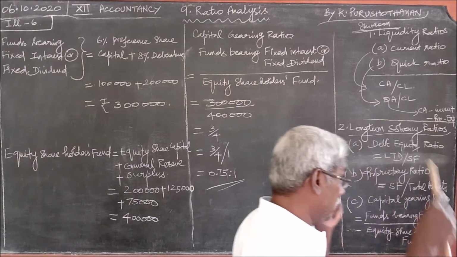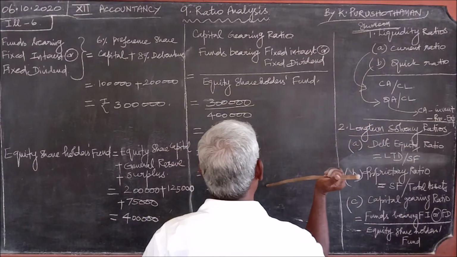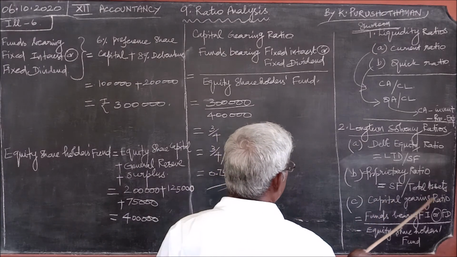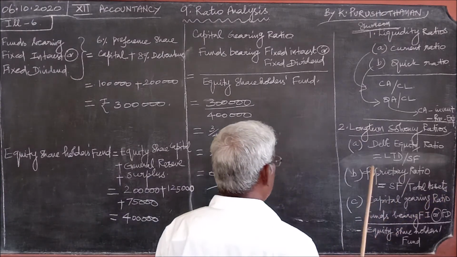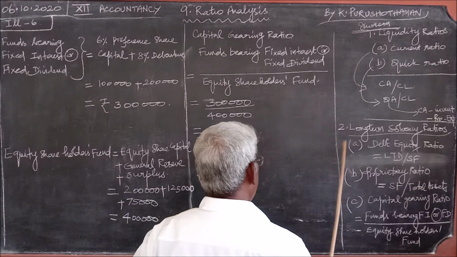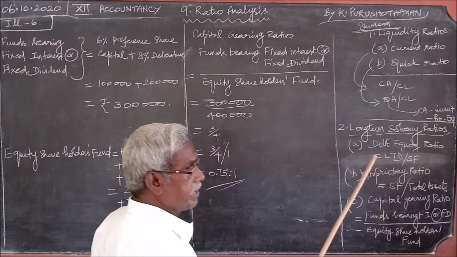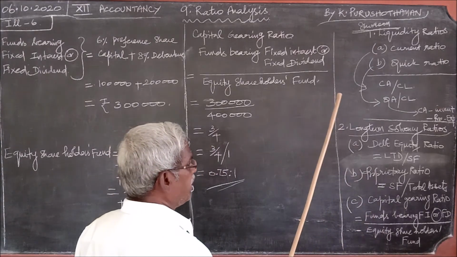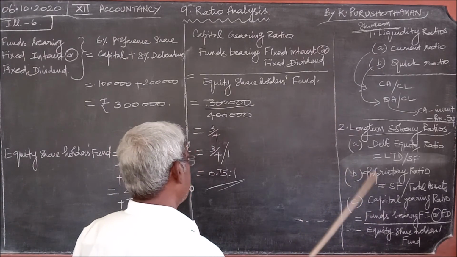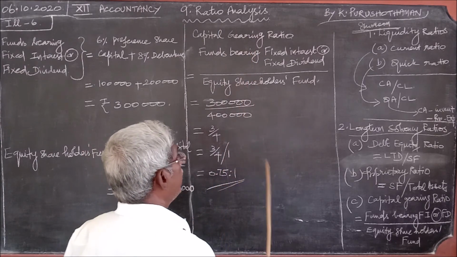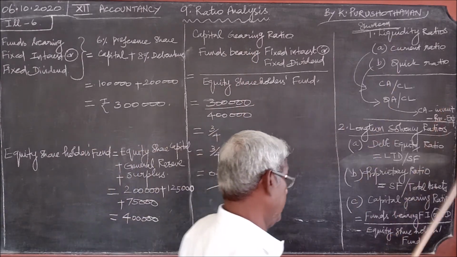What is given actually here? The third one is the capital gearing ratio. And what is capital gearing ratio? Funds bearing fixed interest and fixed dividend, that is the numerator, divided by equity shareholders fund.